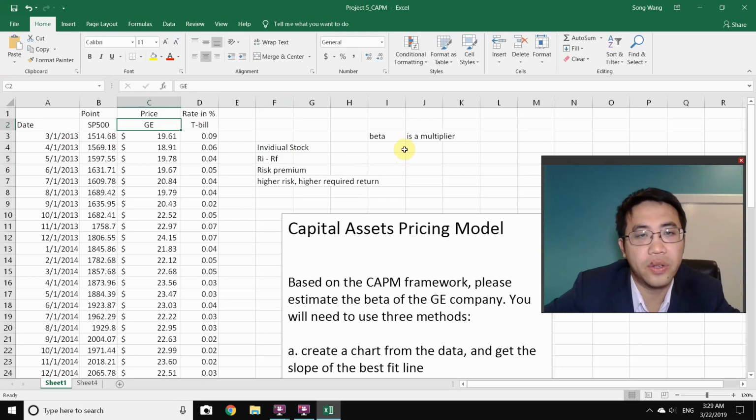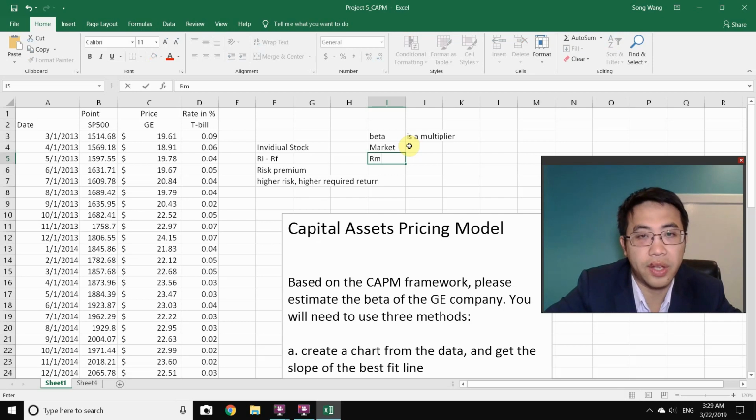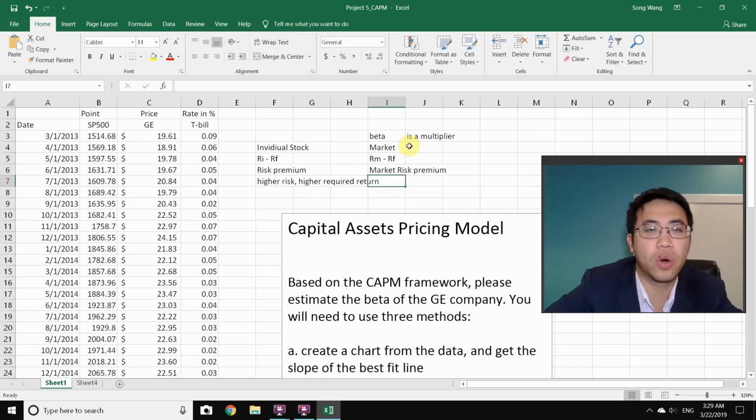You also have the market, which includes like 3,000 to 5,000 stocks overall. So you have the market return, where I use M to stand for the market, minus the risk-free rate. That's the market risk premium. And of course, it is a return adjusted for the risk level.